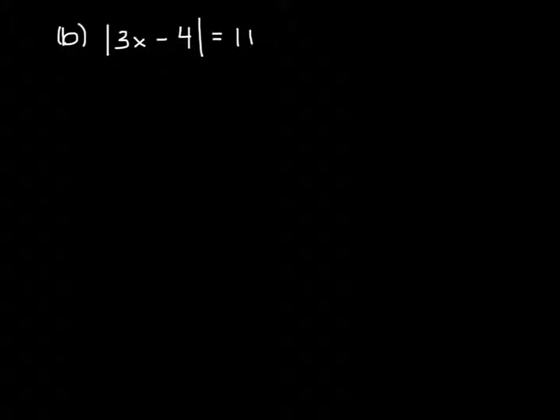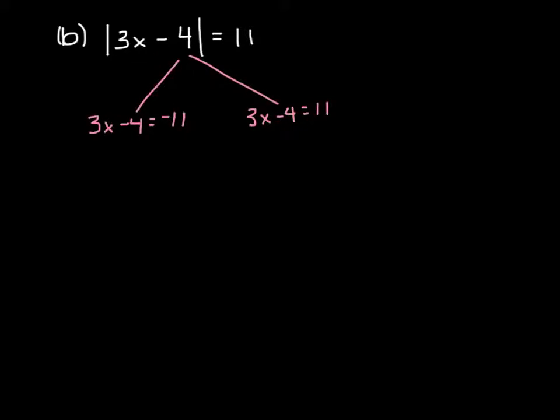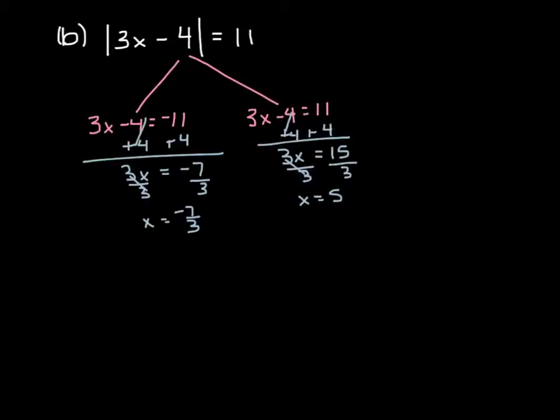B is the absolute value of 3x minus 4 equals 11. So I'm going to write 3x minus 4 equals negative 11, and 3x minus 4 equals 11. So we'll solve for x. So we get x equals negative 7/3 and x equals 5.